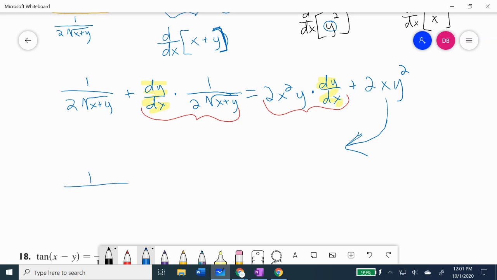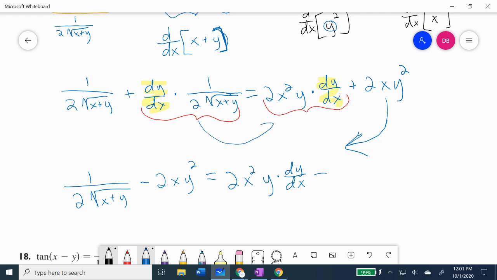And then I will have 1 over 2 times the square root of x plus y minus 2xy squared equals. And on the right side, I already have 2x squared y times dy dx. And I'm going to subtract from that, bringing this over, dy dx times 1 over 2 root x plus y. Now I'm going to be factoring out the dy dx.